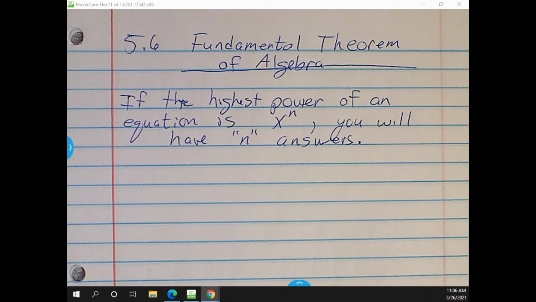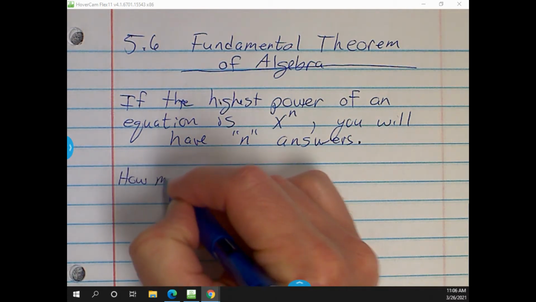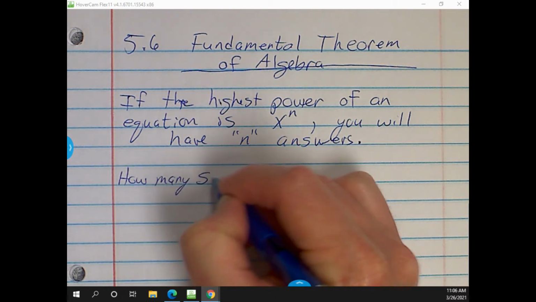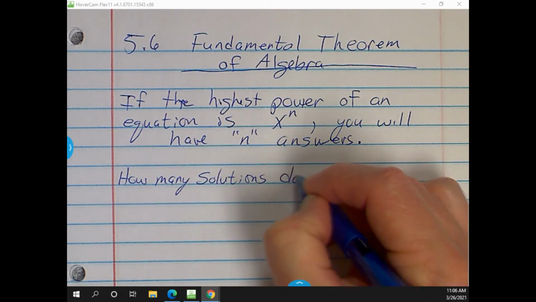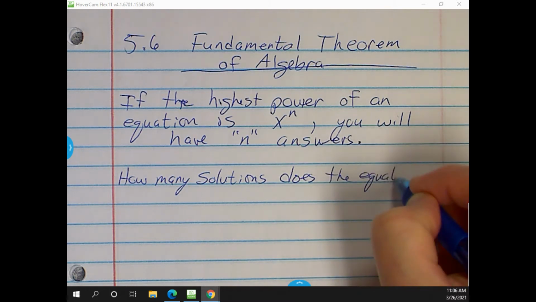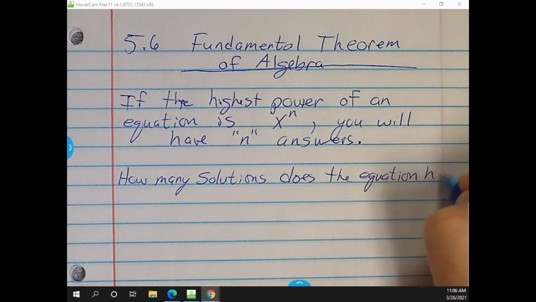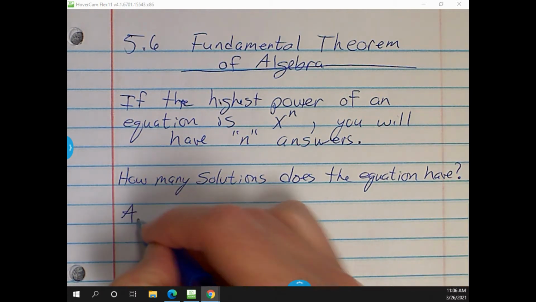And some of the questions that you'll get in section 6 hopefully will be really, really easy, because they're going to ask you basically a question like this. How many solutions does the equation have? And then we'll give you 2 examples here.